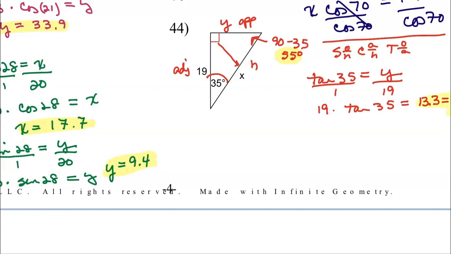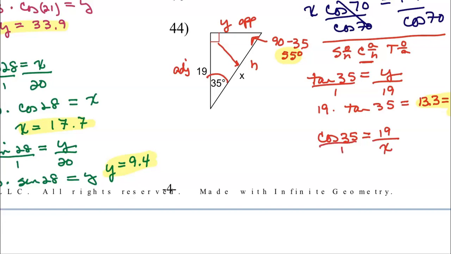Okay, I need to find what the x is, and that's the hypotenuse. So since I have the adjacent and I need the hypotenuse, adjacent and hypotenuse is cosine. So I'm going to say the cosine of 35 equals adjacent, which is the 19 over the unknown hypotenuse.